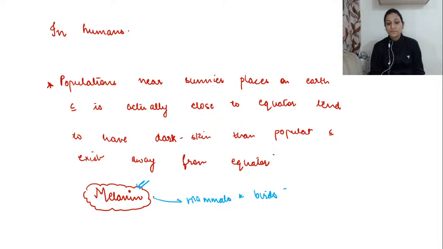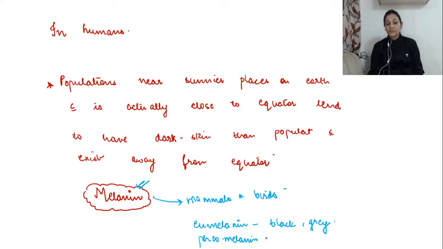It comes in basically two types: eumelanin, which is responsible for black and shades of gray, and pheomelanin, which gives brown or buff color. The mixture of eumelanin and pheomelanin produces the intermediate colors, various shades.